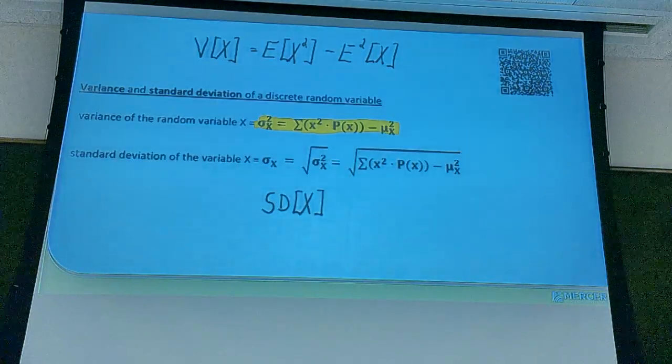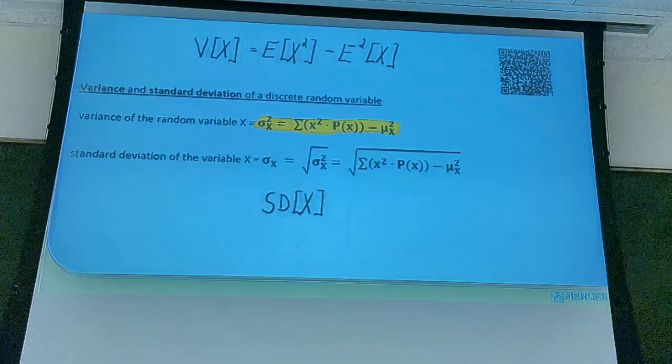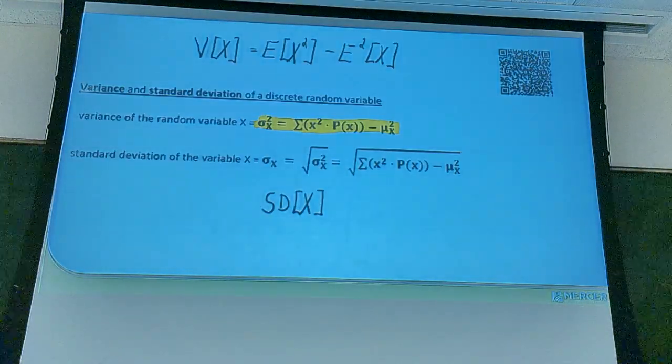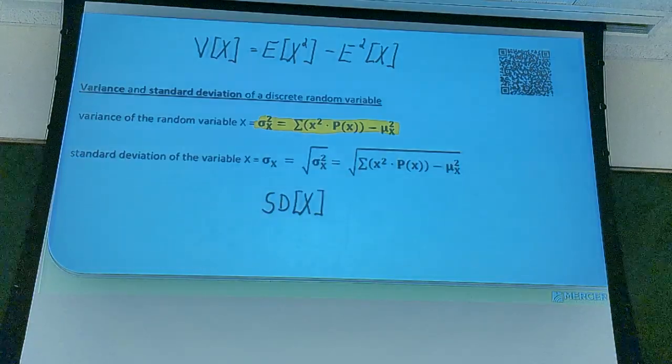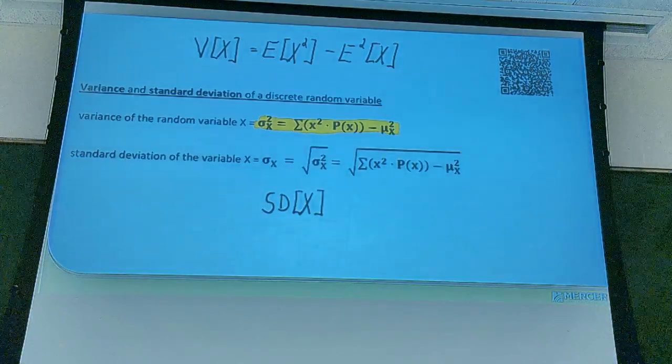Generally speaking, we just find the variance first, get a value, and then take its square root. So the formula under the square root, we're going to ignore for the most part.